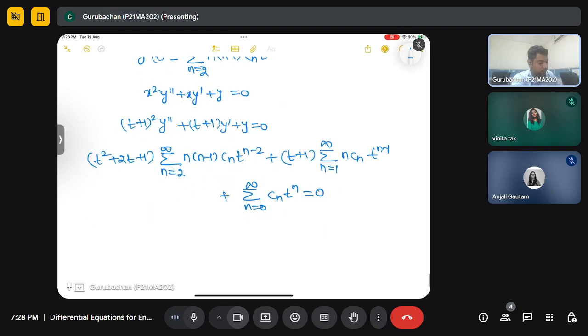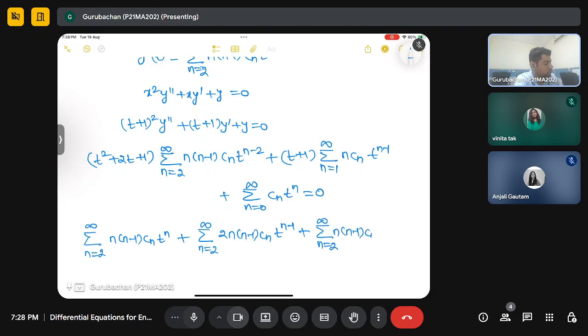If you simplify it a little, you will get summation n=2 to infinity n into n minus 1 c_n t to the power n, while the second term will be summation n=2 to infinity 2 times n into n minus 1 c_n t to the power n minus 1, plus summation n=2 to infinity n into n minus 1 c_n t to the power n minus 2.